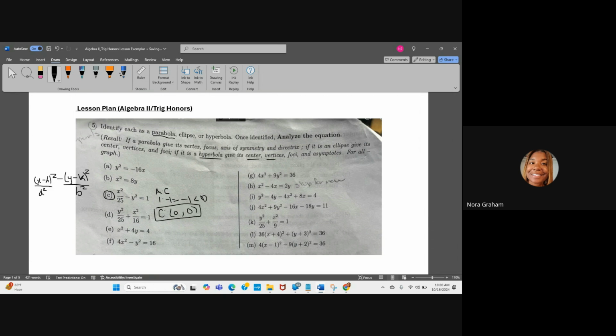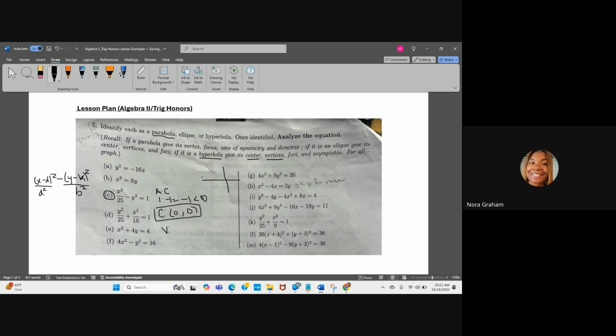Next, they want us to find the vertices. So let's do that next. To find our vertices, we have a formula for that as well. But notice that my a squared is under my x. They call it the transverse axis. That's the axis that holds all of our foci, our vertices, and all that stuff. Since my a squared is under my x, I know those are going to be on my x-axis somewhere.